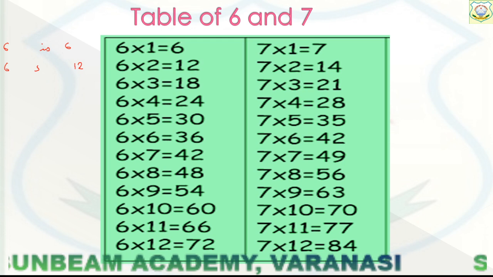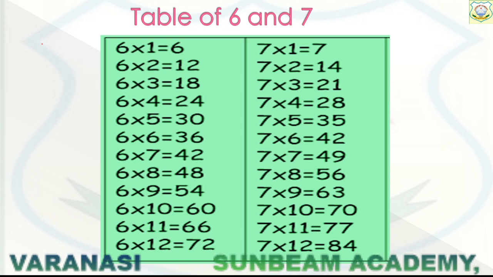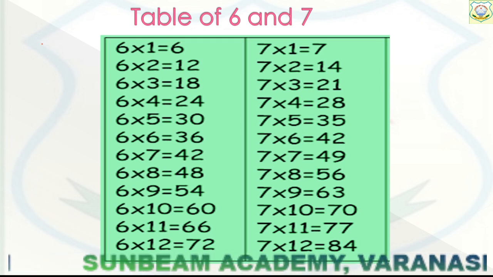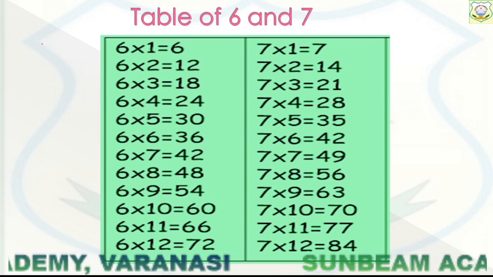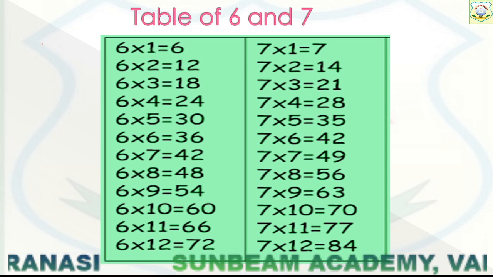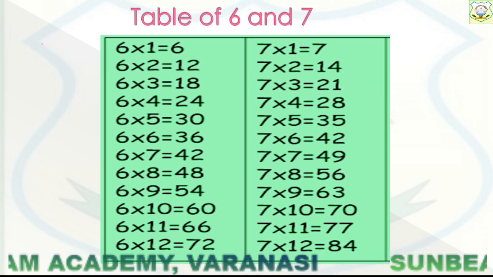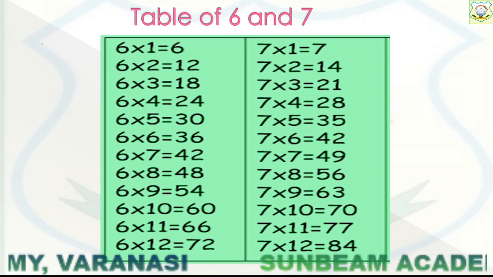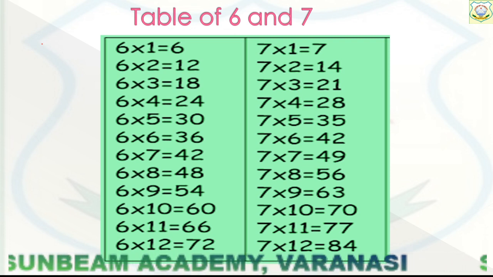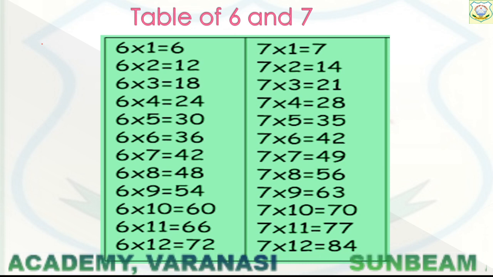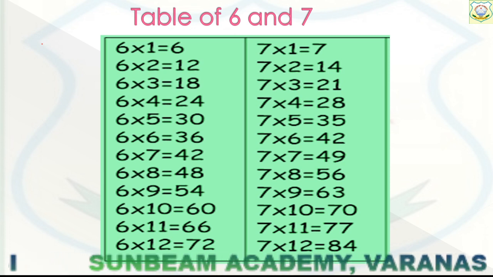Now revise the table of 7. 7 1s are 7. 7 2s are 14. 7 3s are 21. 7 4s are 28. 7 5s are 35. 7 6s are 42. 7 7s are 49. 7 8s are 56. 7 9s are 63. 7 10s are 70. 7 11s are 77. 7 12s are 84, but it's not required.